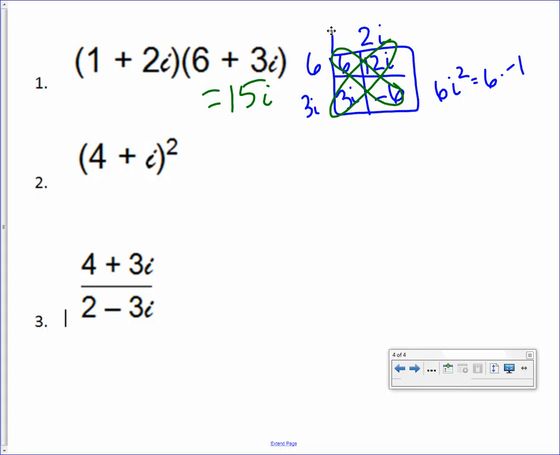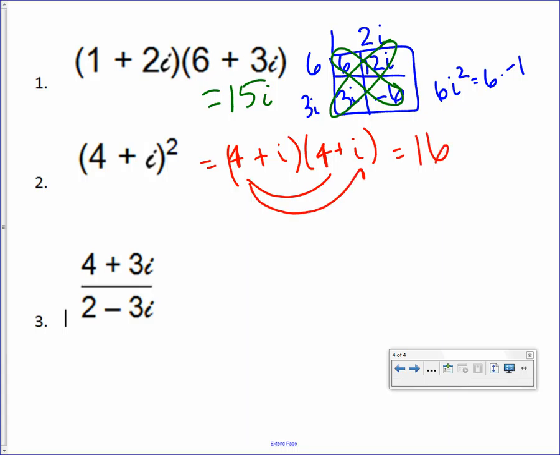Likewise in number 2, this time we're going to square it. That's the same thing as saying 4 plus i times 4 plus i. You can use the box method again. This time I'll show you how you would FOIL. So first, you multiply 4 by 4, then the outsides, 4 times i, then the insides, 4i, and then the lasts, which is i squared. i squared reverts to -1.